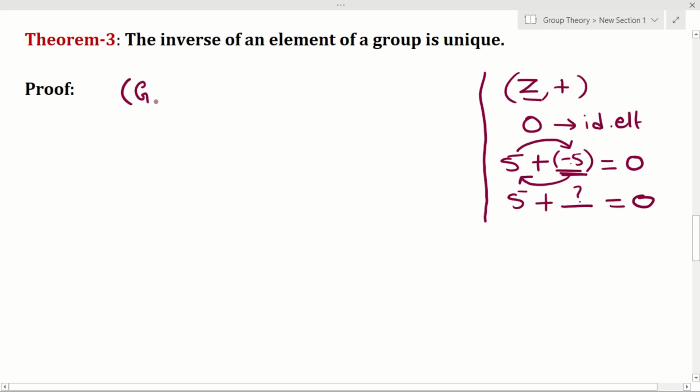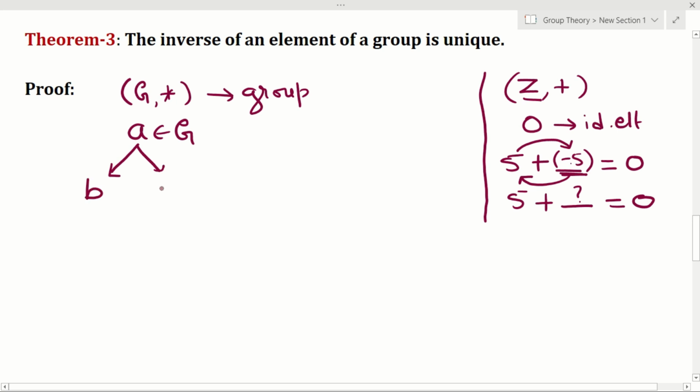Let (G, star) be a group and let A be an element of the group G. So we shall consider an element, and suppose A has two inverses.